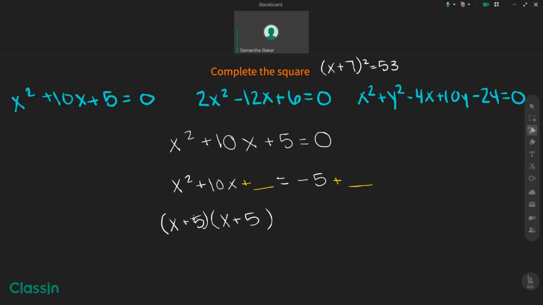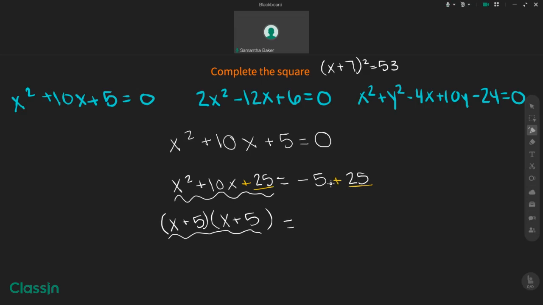Now that would get me 5x plus 5x gets me that 10x. Now this tells me what I need to add to make this expression the same as this expression. The constant I need is 5 times 5, which is 25. So if I add 25 to the left, I have to add 25 to the right to keep the equation balanced.